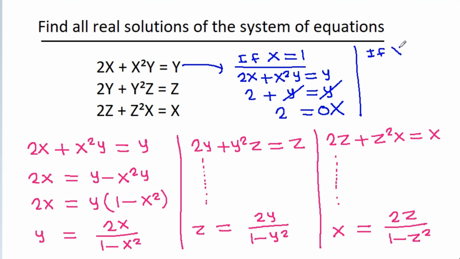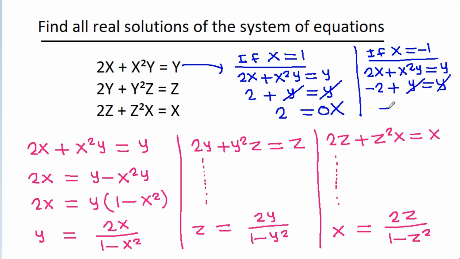And if x is equal to minus 1, then 2x plus x square y is equal to y, and 2x will be minus 2 plus x square y will be y, and y will get cancelled, and it is minus 2 is equal to 0. That is not possible.